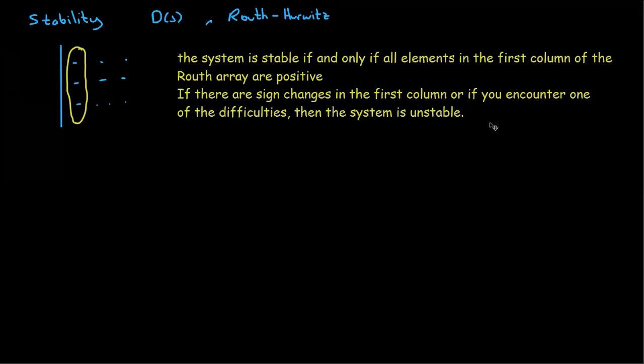So that was an easy way to check if a system is stable by inspecting the denominator of the transfer function. I talked about the first difficulty in the previous lecture. Now today I will talk about the second difficulty, so let me write that thing down.